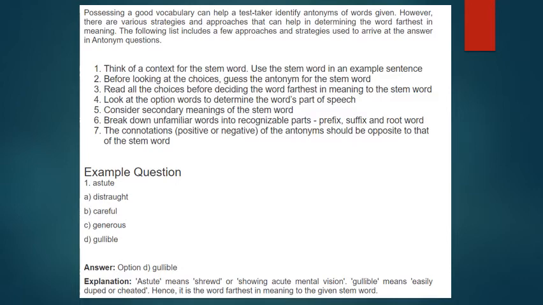Now before looking at the choices, guess the antonym for the stem word. So think about what may be the antonym of that before you go for the options or choices that are provided to you. Read all the choices before deciding the word farthest in meaning to the stem word.